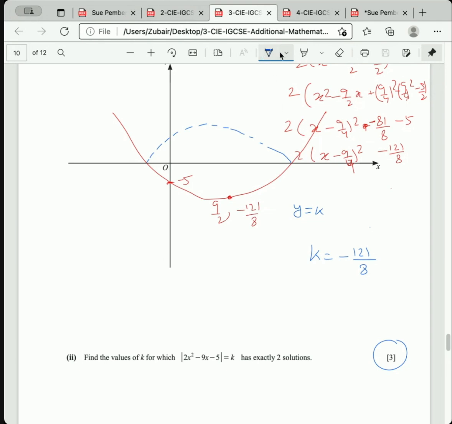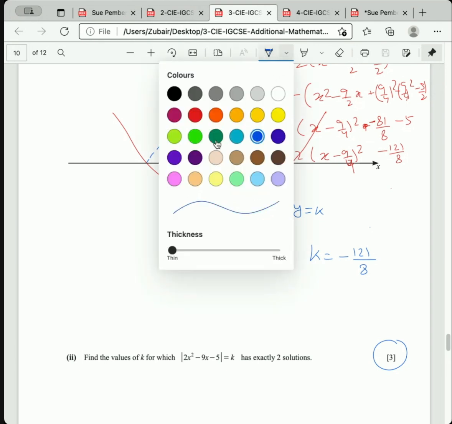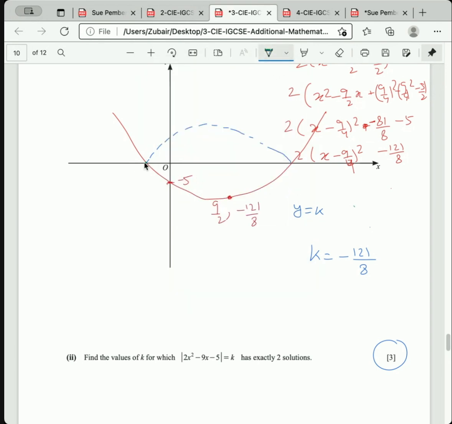And now there are two values at this intersection point, which is clearly y equals 0, and at this point and above that.